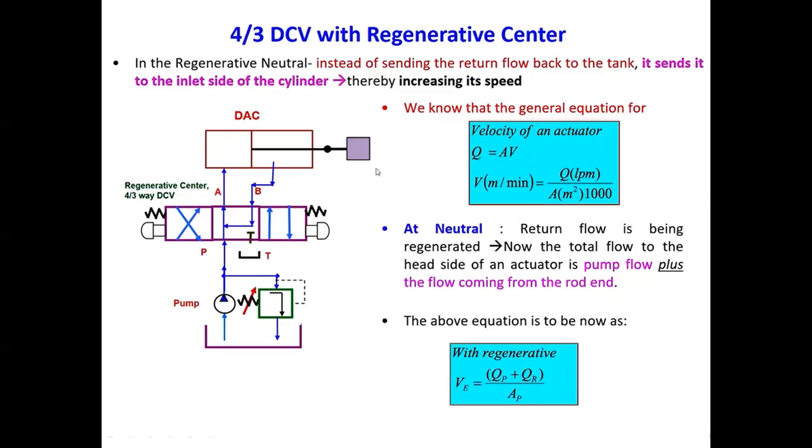Now the total flow to the head side of an actuator is pump flow plus the flow coming from the rod end. The above equation is known as VE equals QP plus QR upon AP.